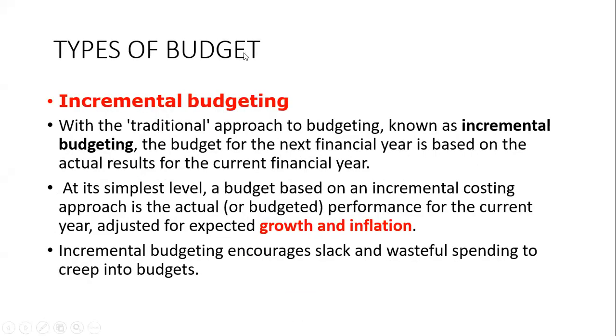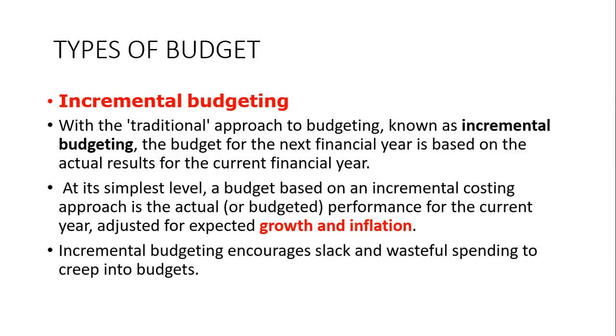It started here. Incremental budget: with the traditional approach to budgeting, known as incremental budgeting, the budget for the next financial year is based on actual results for the current financial year. At simplest, a budget based on an incremental costing approach is the actual or budgeted performance of the current year.